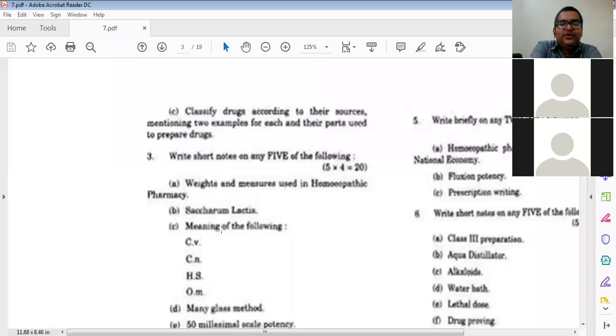Now in your book, tick these things, one, two, three, four. I will leave this question paper, it is already in your group. But remember this, the question comes like that. There are so many short forms, it is not possible to remember everything.